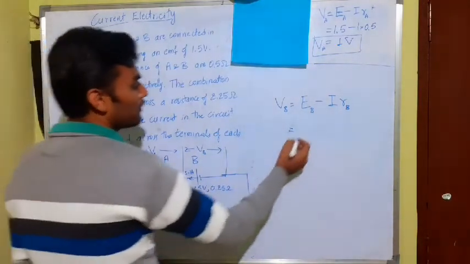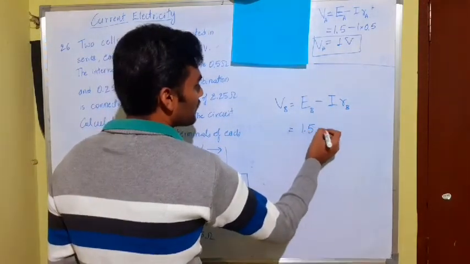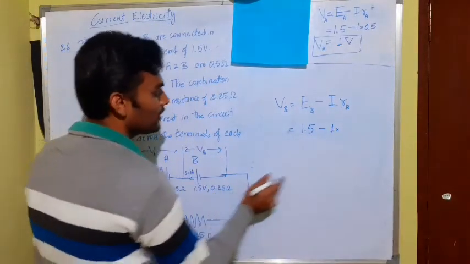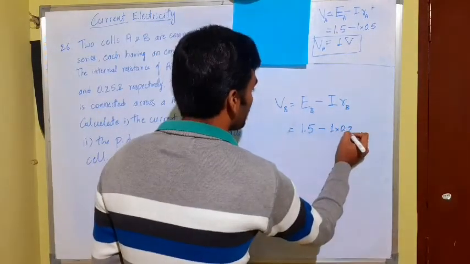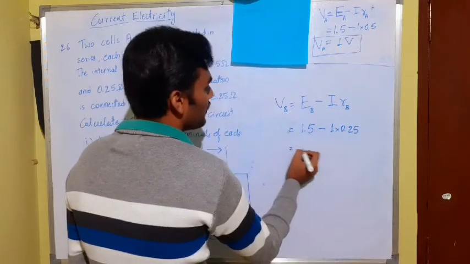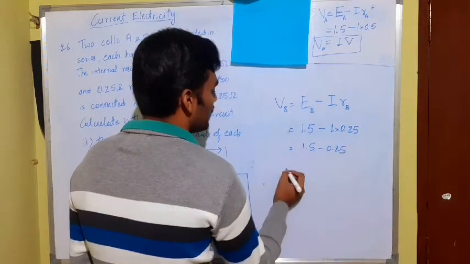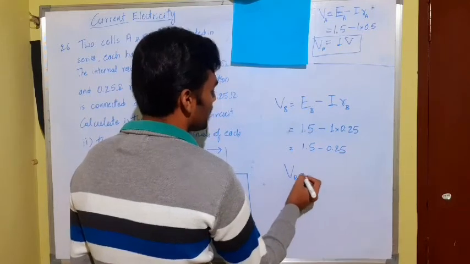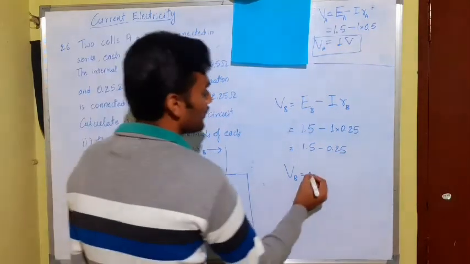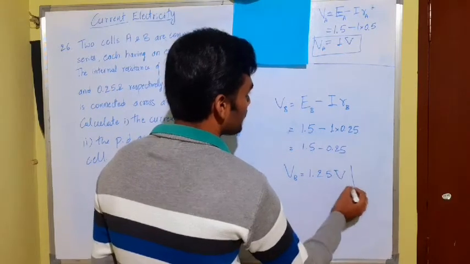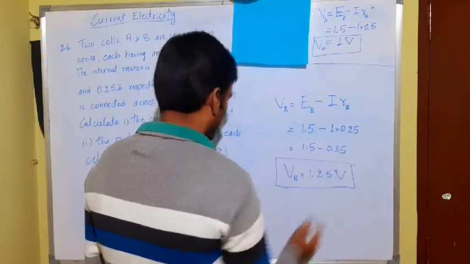EB is 1.5 again, minus current is 1 ampere into RB, internal resistance of cell B, 0.25 ohm. So it's 1.5 minus 0.25. So VB, voltage across cell B, is 1.25 volt.